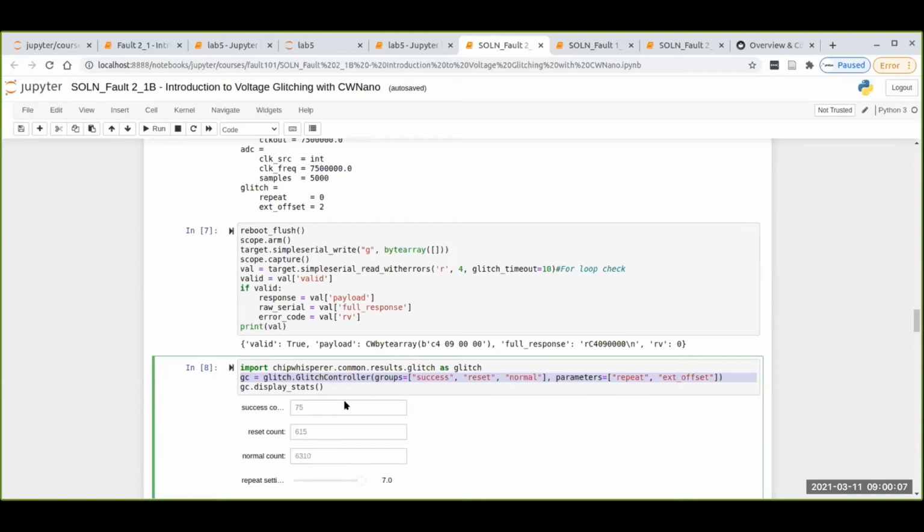Like I said before, glitching is very imprecise. And remember at the very beginning of the semester, I mentioned we're going to focus on passive attacks. This is the slight shift. We've been doing passive, but I wanted you to see that we can also do active attacks.